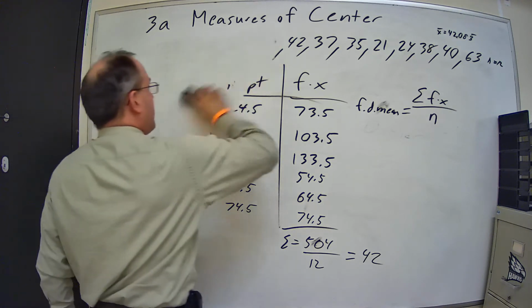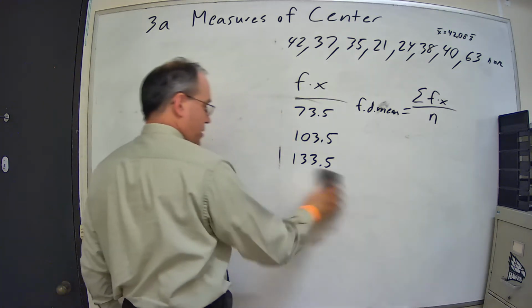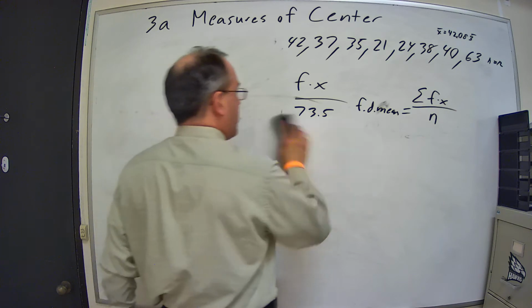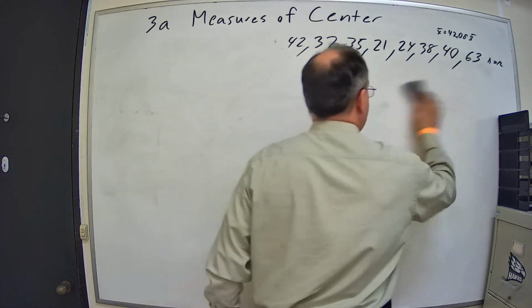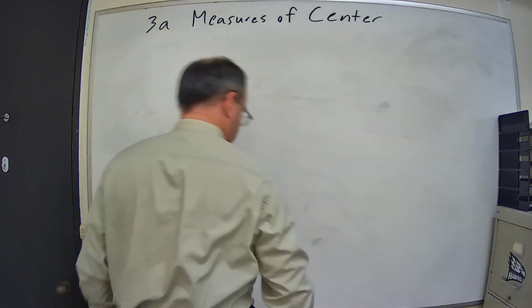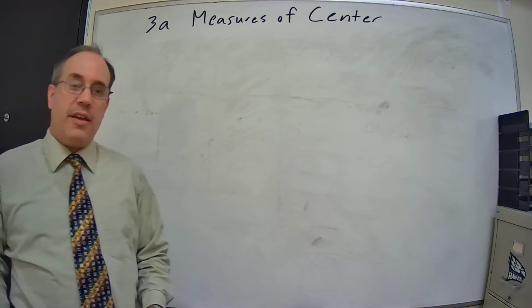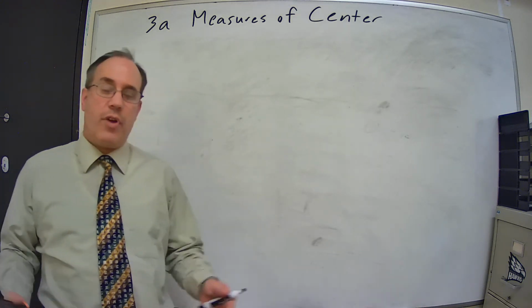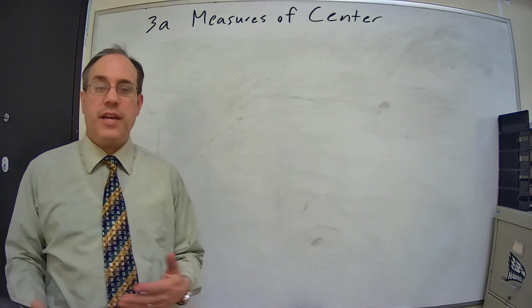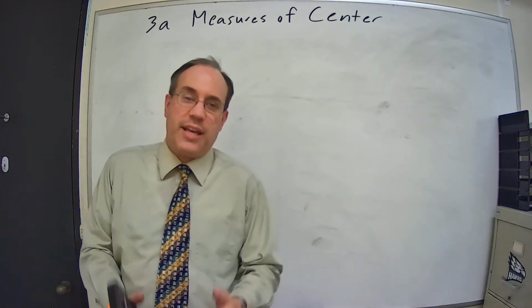Another mean that should be very important to you is a weighted mean. I'm going to get these out of here too, I don't need those. A weighted mean is where you have a bunch of data values, but each of them is worth a different amount when doing the calculation.